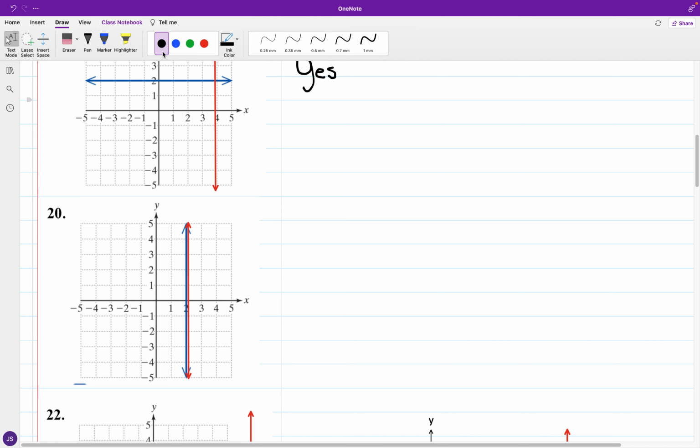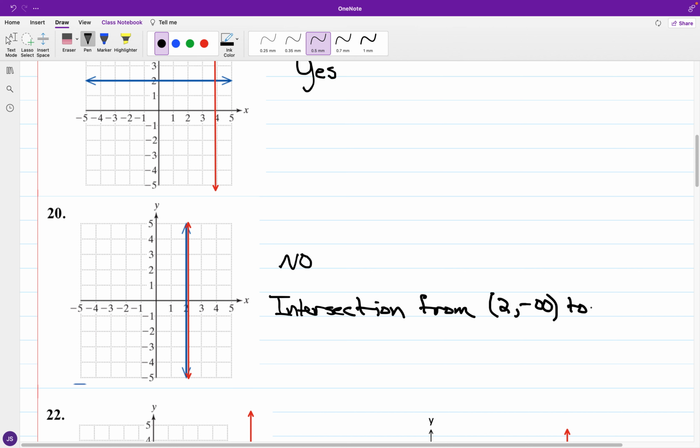So in this particular case, the answer is going to be no. For example, at x equal to 2, you have y from negative infinity all the way out to positive infinity.